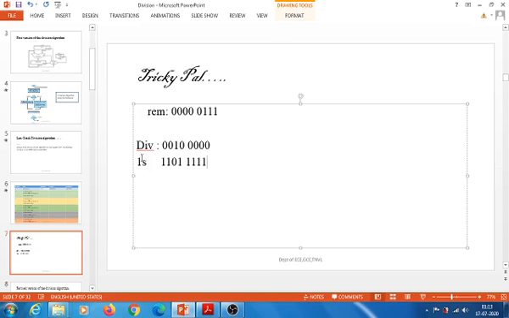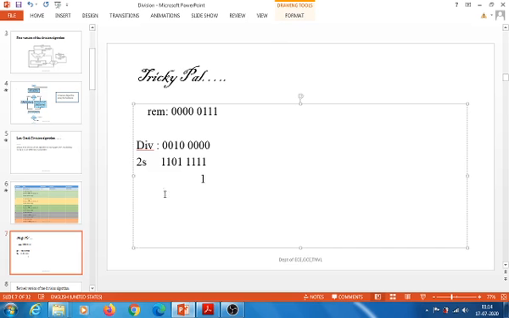So if I want to perform 2's complement with this, what I must do? I must add 1 to the least significant bit. So this is a 1 here. So I must add both these things.